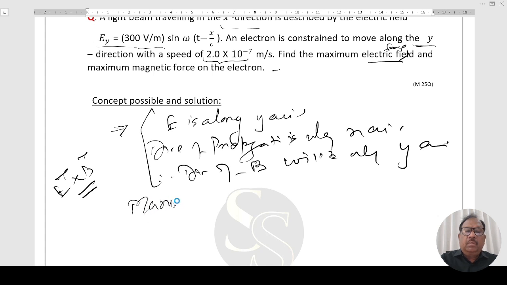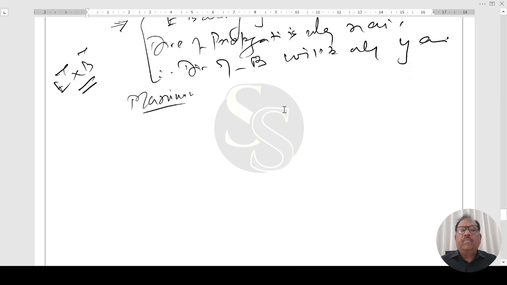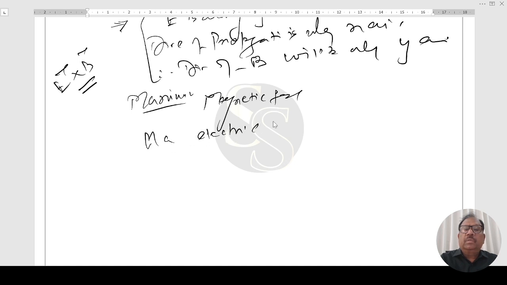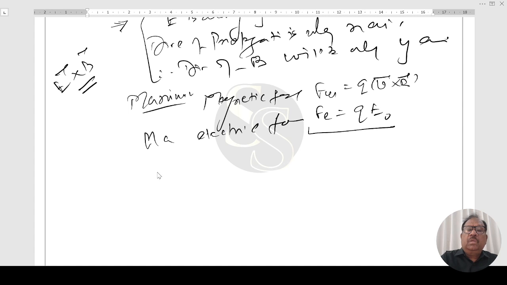Maximum magnetic force and maximum electric force. We have to find this thing, Fm and Fe, that is QE, that is QV cross B. Now in this case, take the same direction.